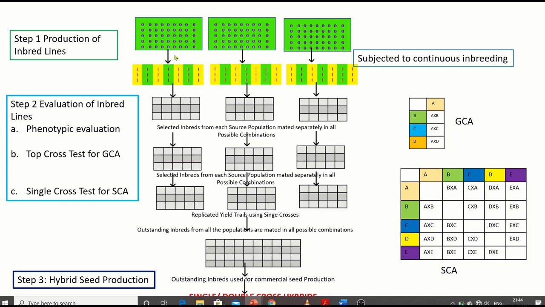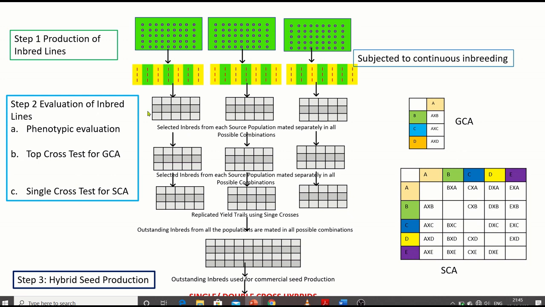Continuous selfing will induce the open pollinated, cross fertilized plants into homozygous plants. Once the homozygosity is attained, we have to evaluate the phenotypic performance in replicated yield trials first of all, and we are going to select those which are superior based on the replicated yield trial.